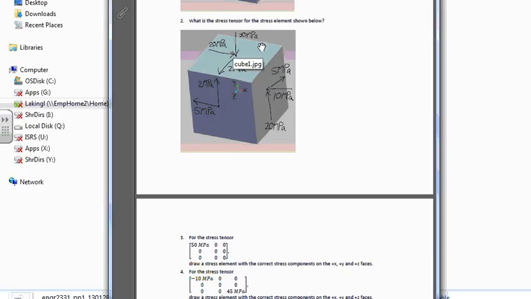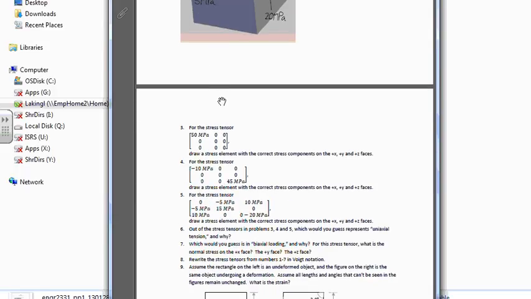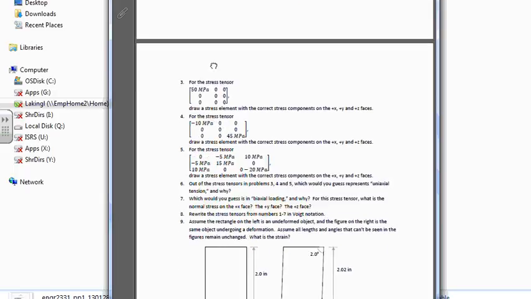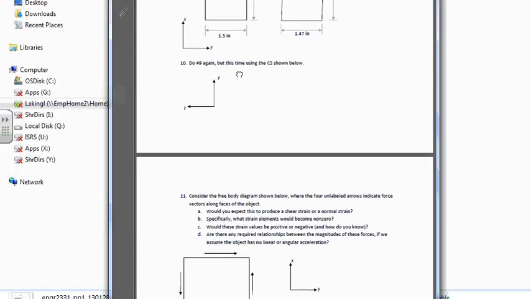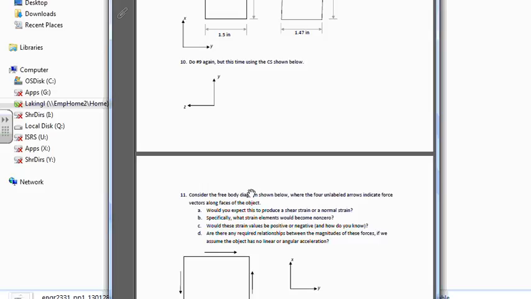Then we talked about the constitutive relationship.